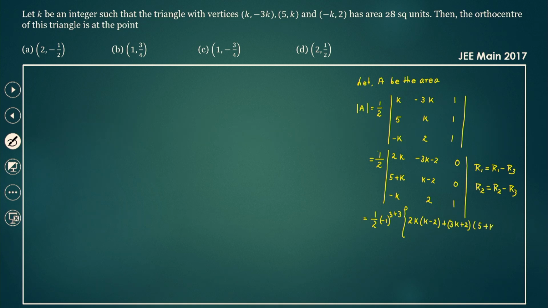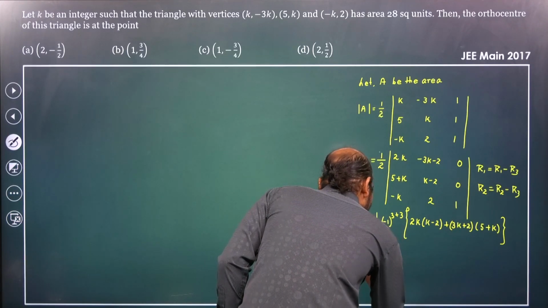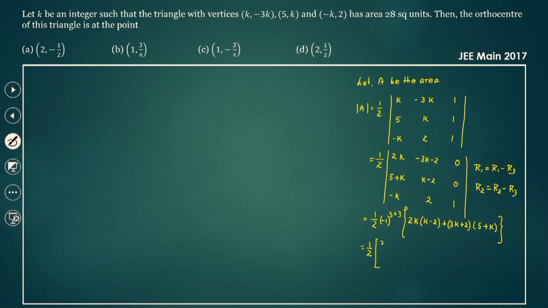That gives me the determinant expansion. Let's do a little more calculation here. We'll see 2k square minus 4k plus 15k plus 3k square plus 10 plus 2k, and that's it.